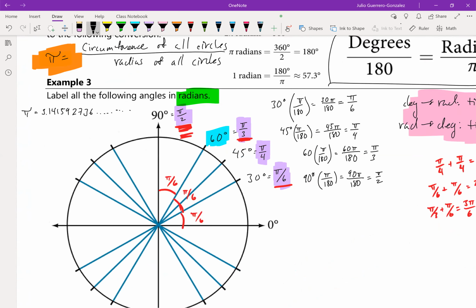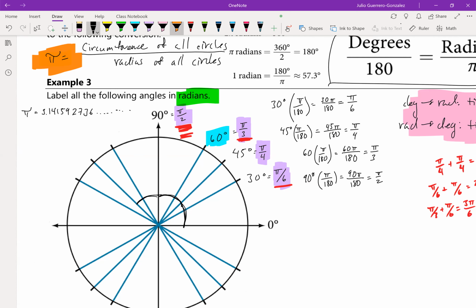Okay. So you guys see how this thing worked out here, right? Turns out we can use that to fill in the rest. So we know that from here to here, actually, let me do the 45 degrees. From here to here, that's pi over 4, 2 pi over 4.